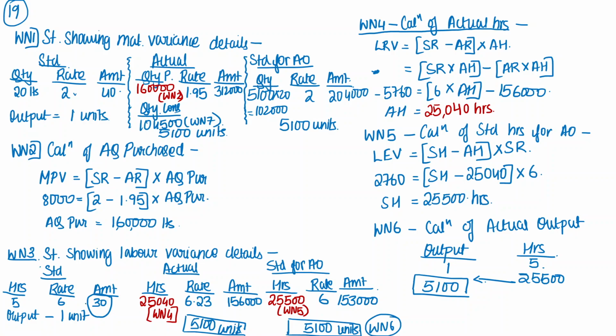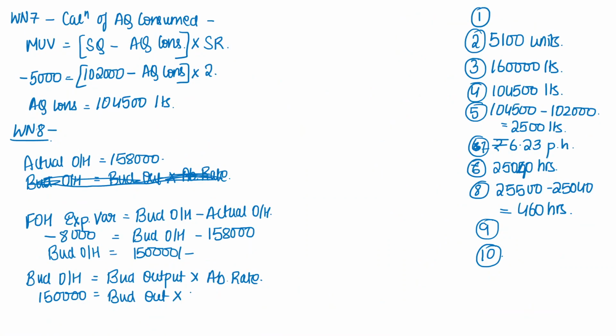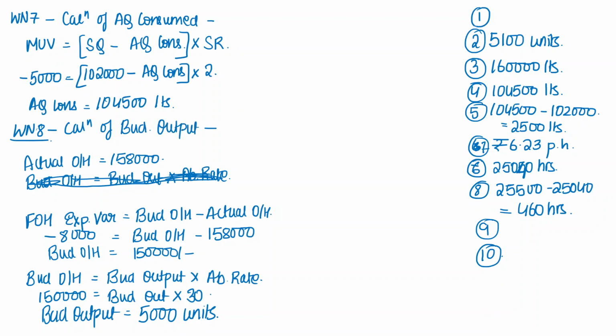Wage cost is rupees 30 per unit. Yes or no? Right? So, here also into 30, absorption rate is 30. So, what is my budgeted output? That is equal to 5,000 units. So, first part also done. So, working note number 8, calculation of budgeted output, 5,000 units.